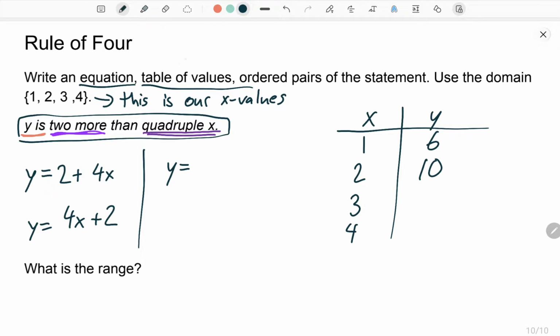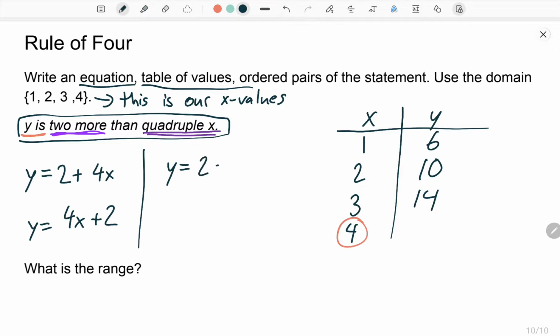Let's next take a look at 3. So 3, we're doing 2 more than 4 times 3 in this case. 4 times 3 is 12, plus 2 is 14. So 14 is going to go into our table. The last one we're going to look at is going to be 4.